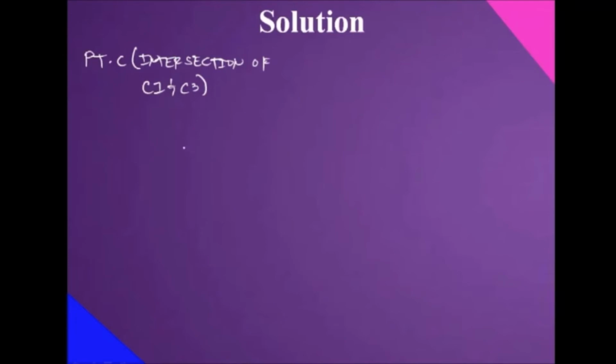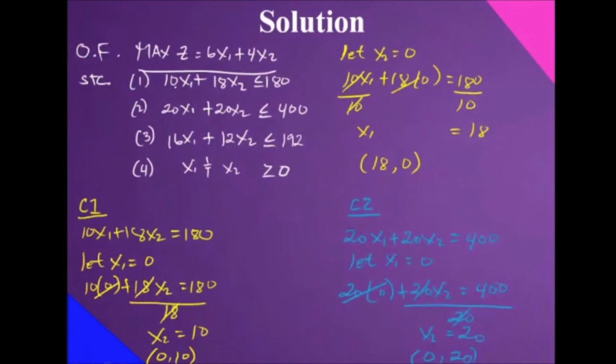Kung naalala nyo pa, ano yung ating equation for C1? Balikan natin. Sabi sa C1, ang C1 daw is 10, 18, and 180. Ang C3 naman, 16, 12, and 192.